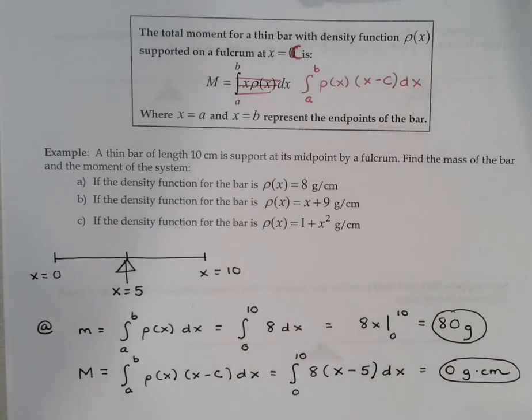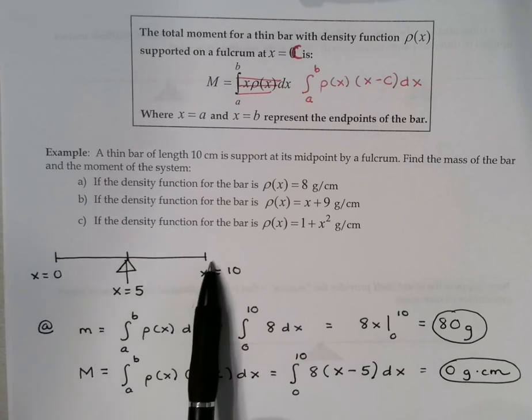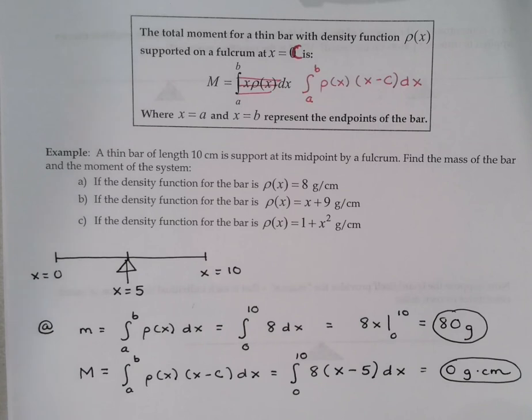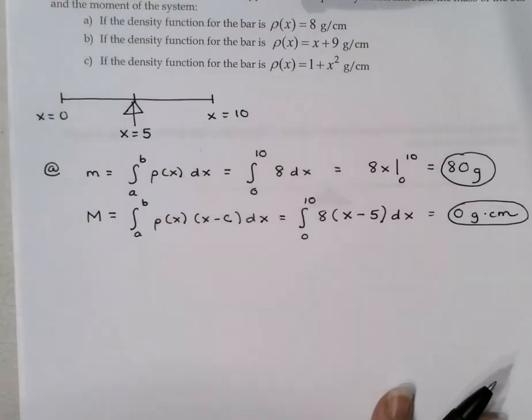And hopefully, if you think about that one, it makes sense, right? Since this is a uniformly dense bar, and we've put the fulcrum right in the middle, it shouldn't tilt either left or right. It should be perfectly balanced, meaning the moment is 0. All right, let's try a couple of others.